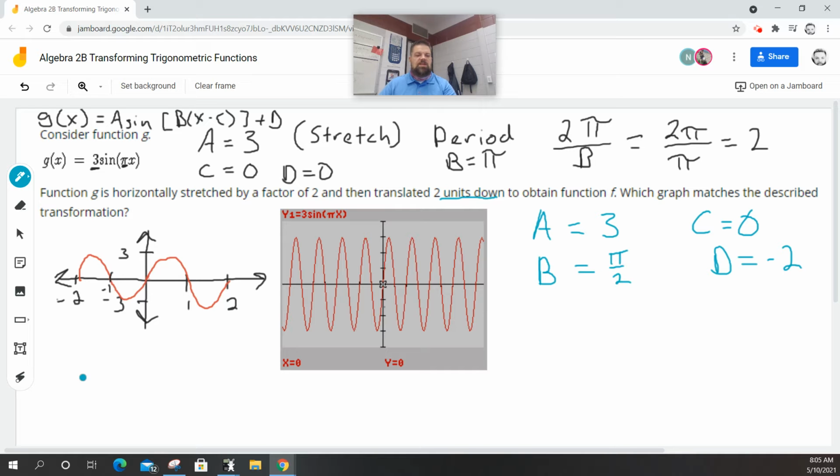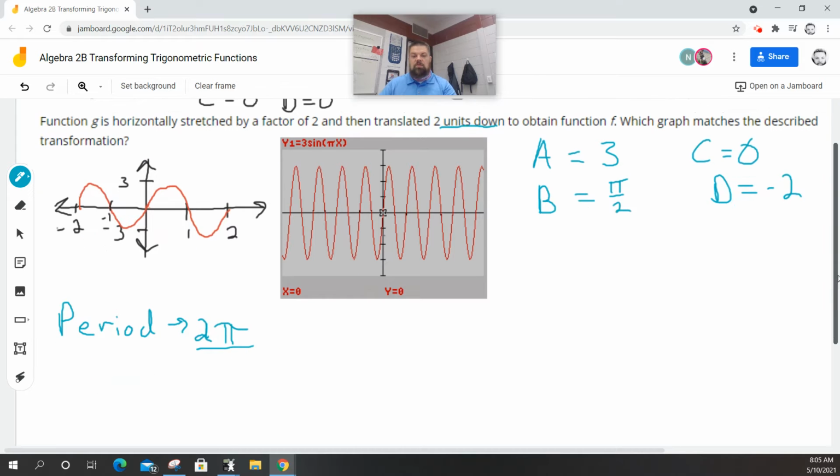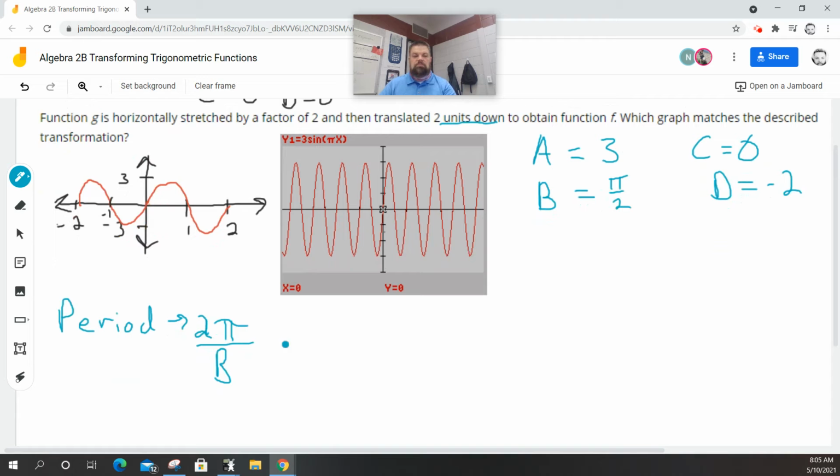And the reason I say that is because the period on g is 2 pi over b, and if I say 2 pi over pi over 2, remember that when you divide a fraction by a fraction, that's the same as multiplying by the reciprocal.